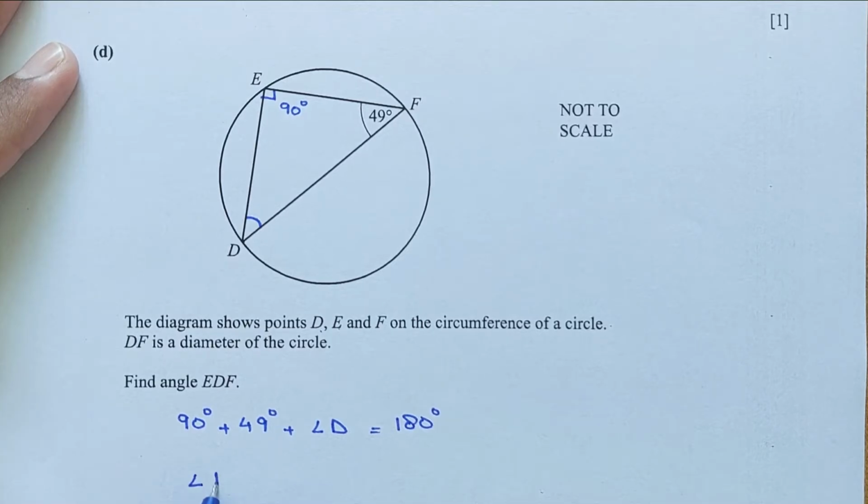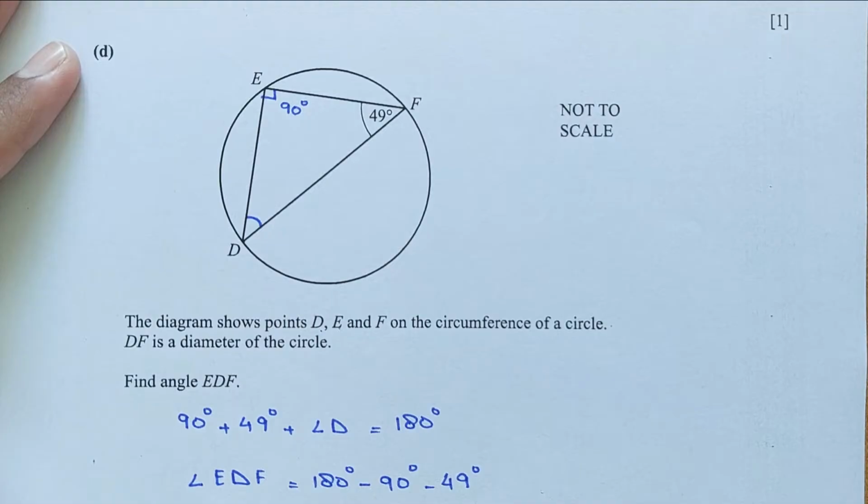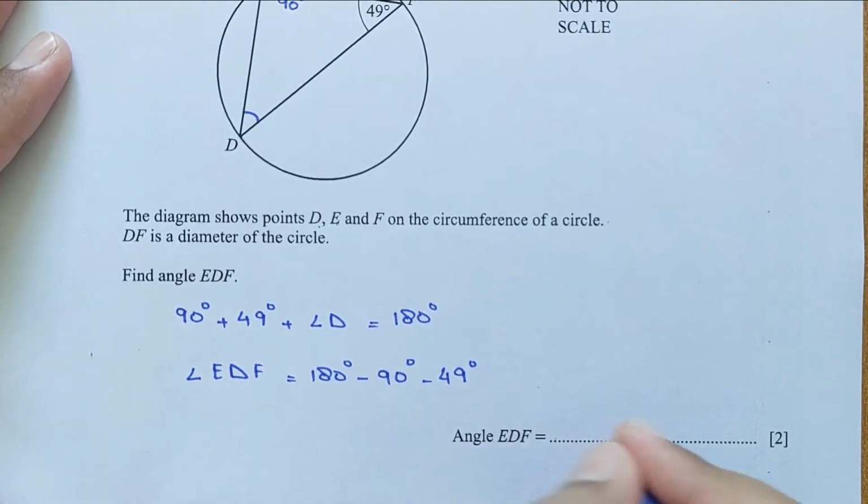So angle EDF is going to be 180 take away 90 and take away 49. 180 minus 90 minus 49 is 41 degrees. That is the angle.